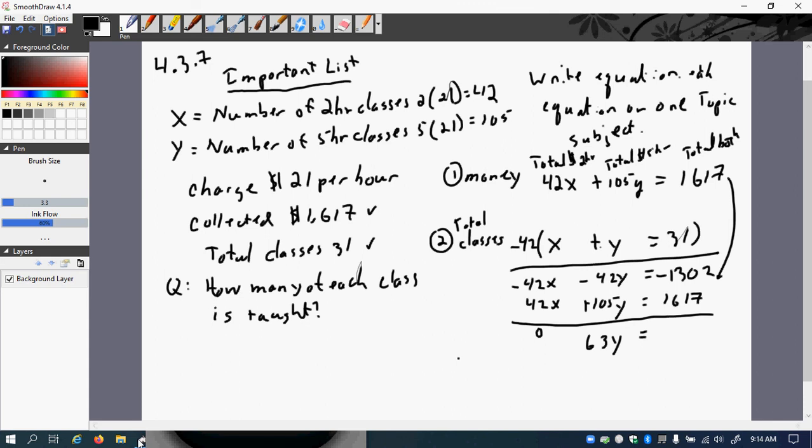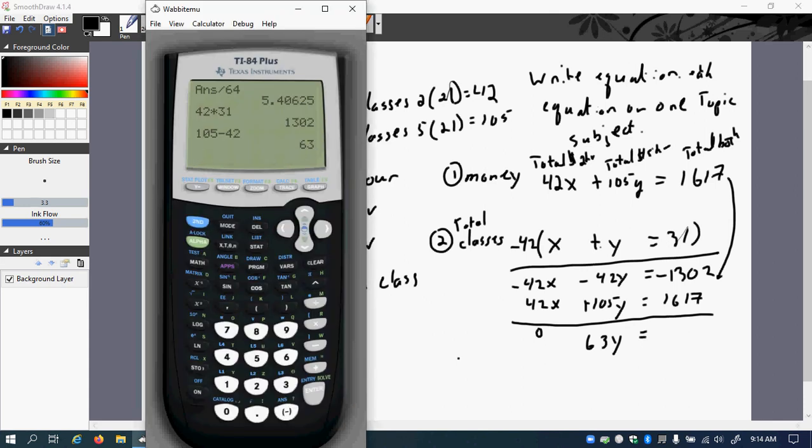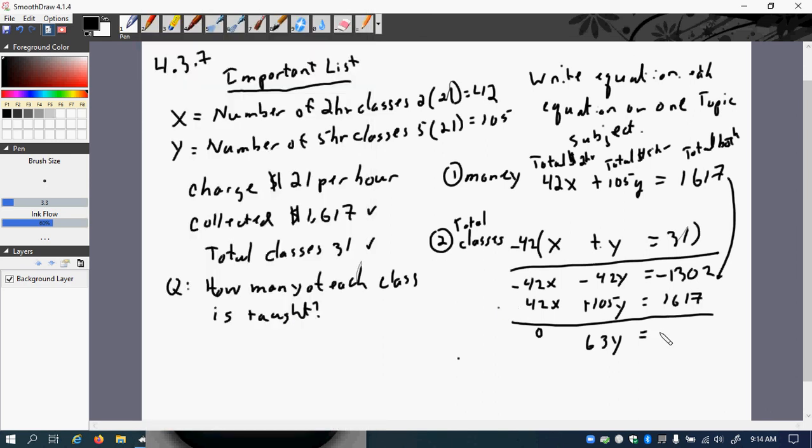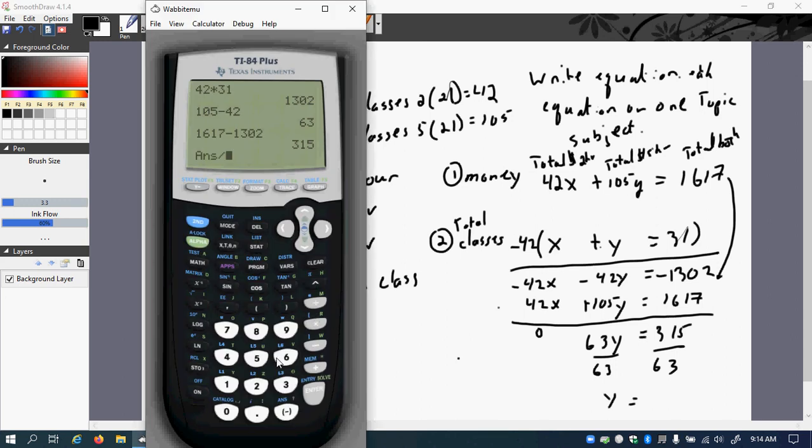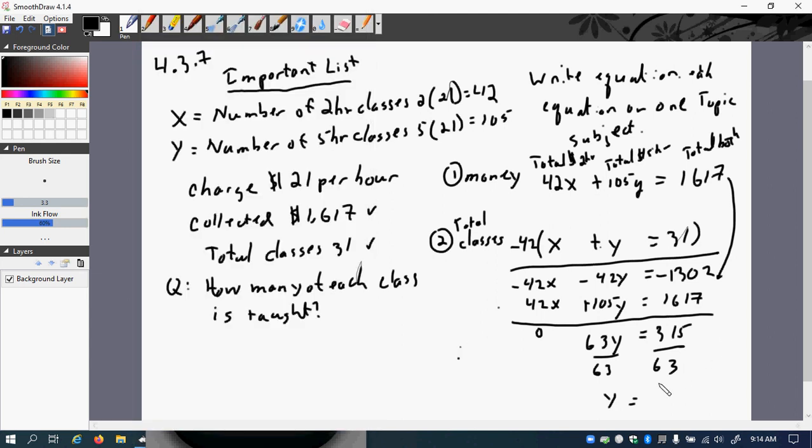Then I do the other one: 1617 minus 1302, and we get 315. So 315. Now divide by 63. It should come out to be a nice number. I divide by 63 and I get 5. Nice number. So y is 5.